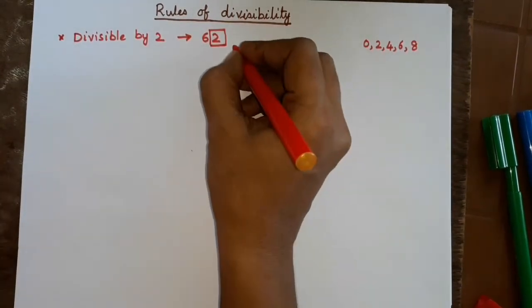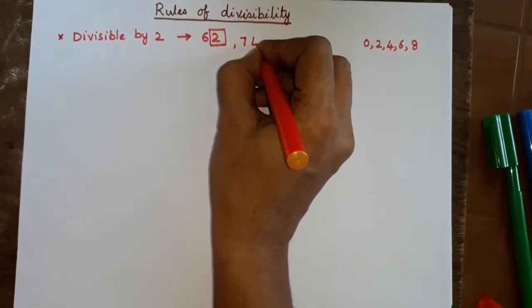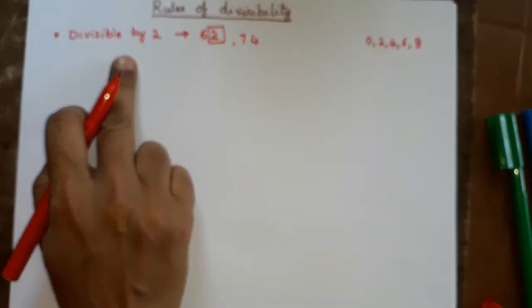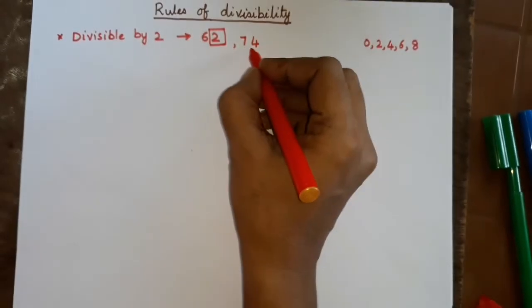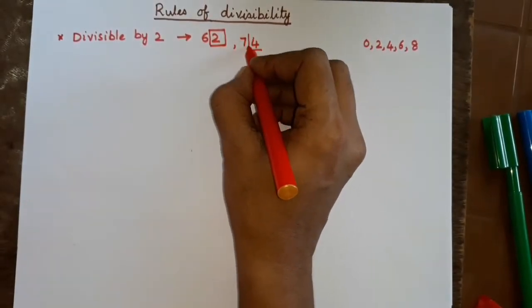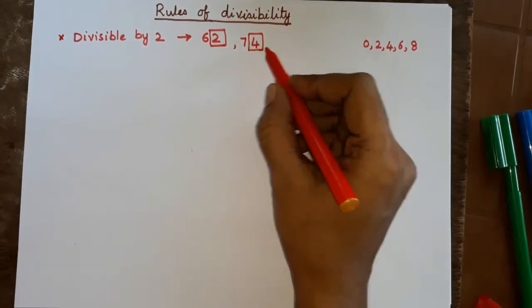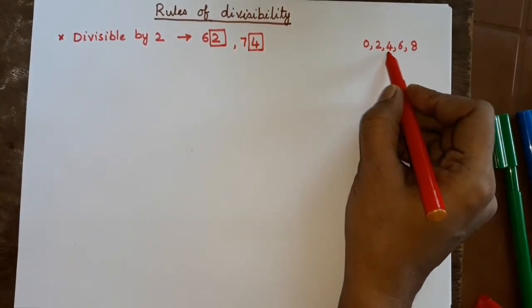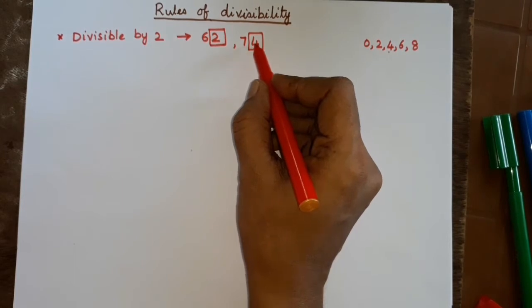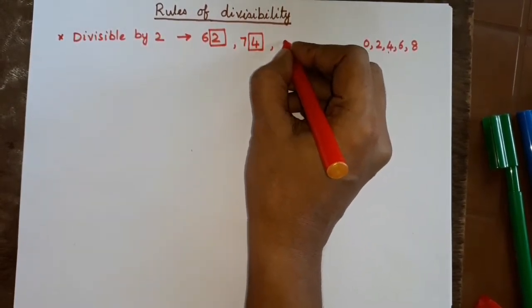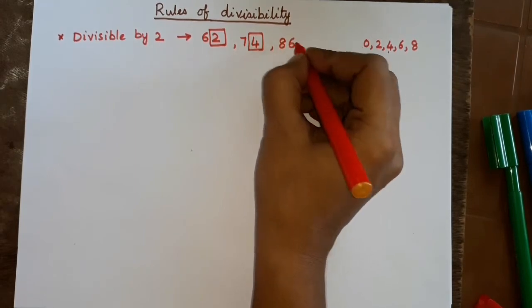Now let's take another number, say 74. Is it divisible by 2? How will we check? We will again take the digit in the ones place. Is 4 given in this set? Yes. So 74 is divisible by 2. Now let's take 86.